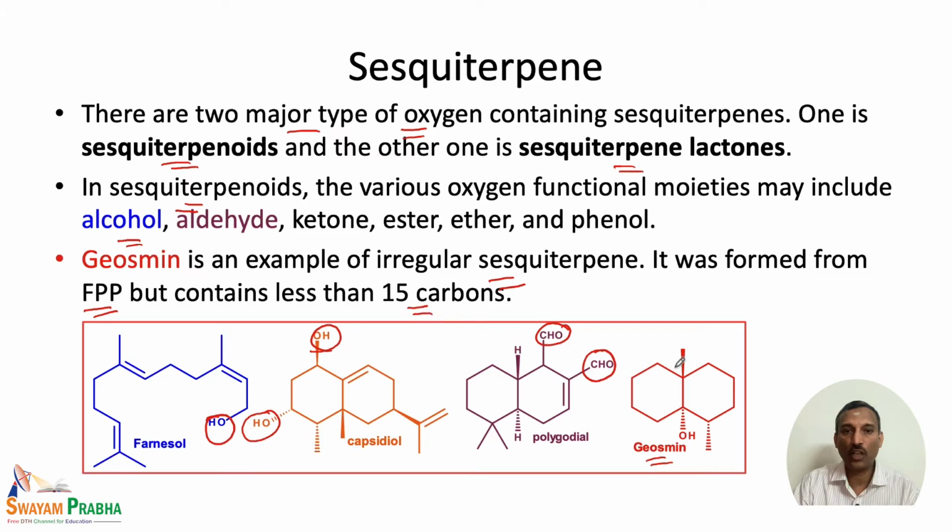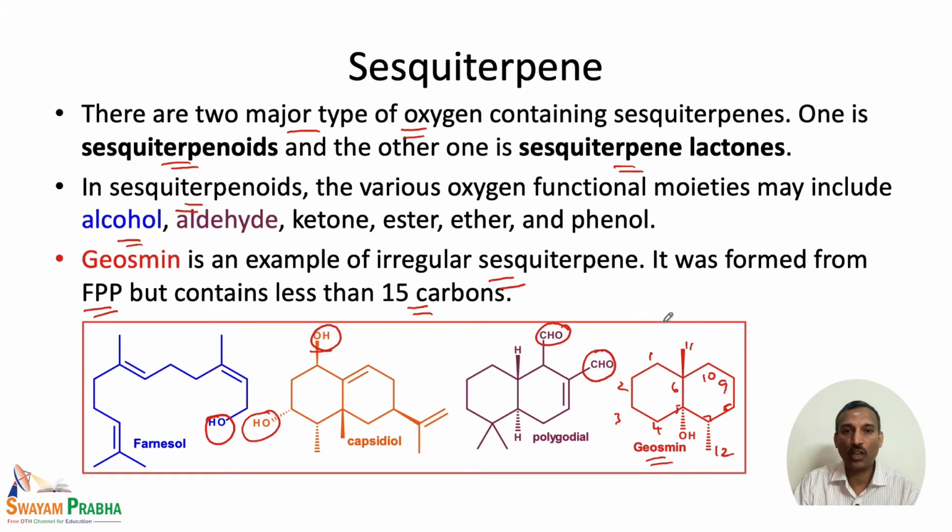If you look at the number of carbon atoms, let us start from here: 1, 2, 3, 4, 5, and this is a 6 membered ring, then we have 7, 8, 9, 10, 11 and 12. So, we have only a C12 unit, but still this is formed from farnesyl pyrophosphate. So, this compound is called an irregular sesquiterpene and this is still called a terpenoid derivative.